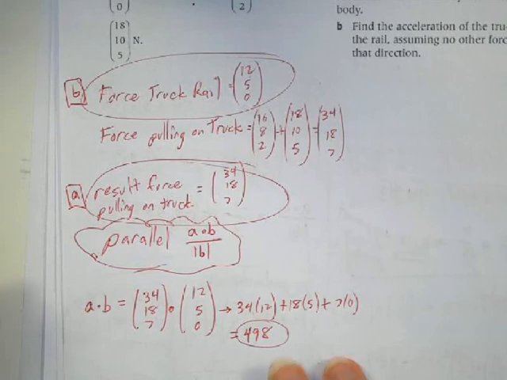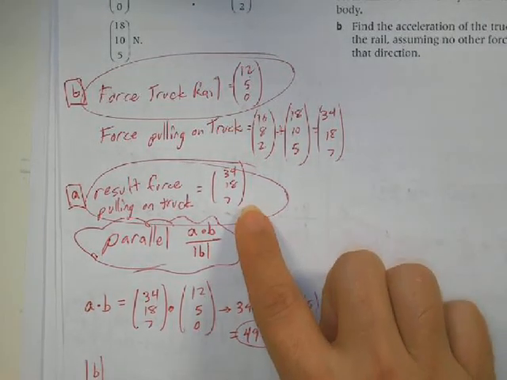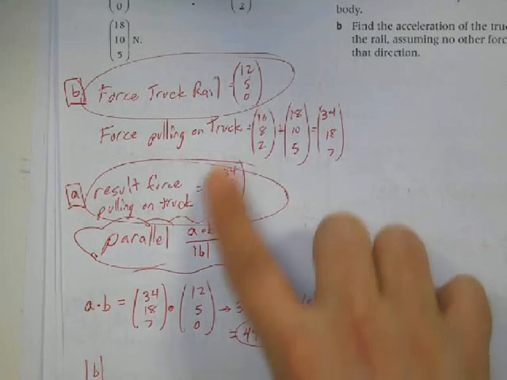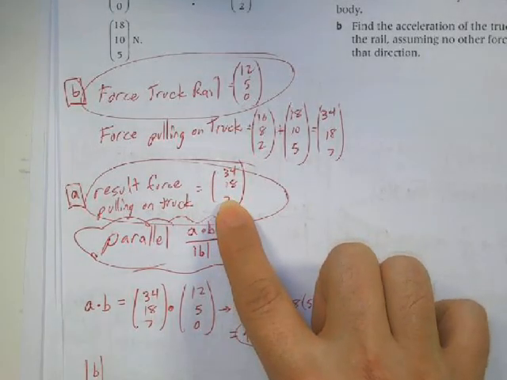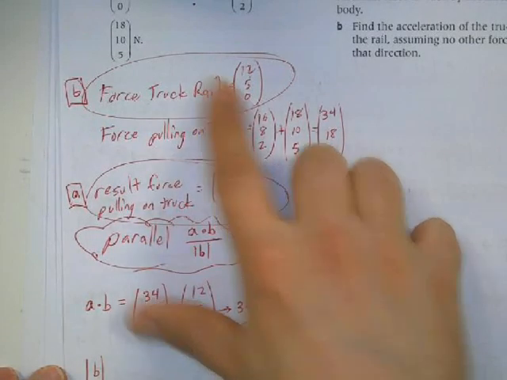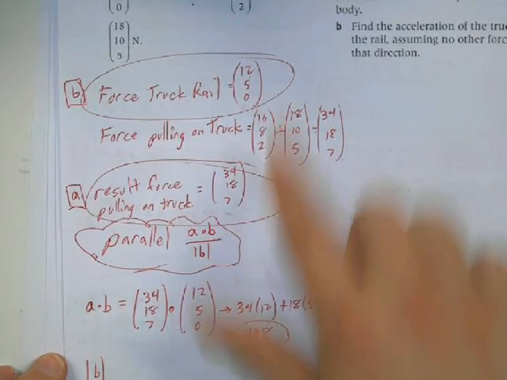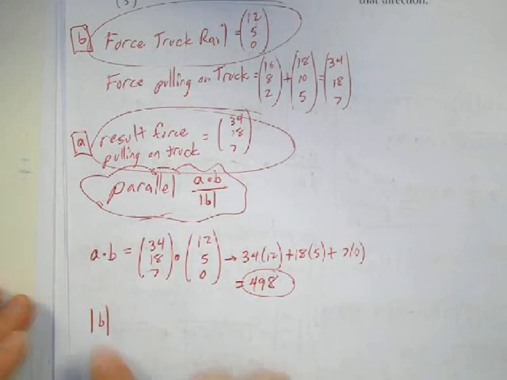Okay, now I need to figure out the magnitude of B. And we just said B is the resulting force pulling on the truck. No, B is the force of the truck rail. See, I had made the mistake. I took the magnitude of this one instead of that one, and then I got all scared. So B is this one here.